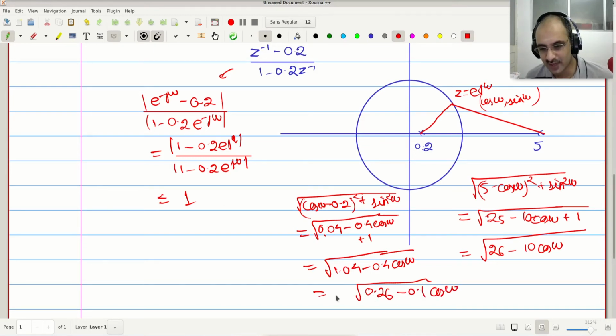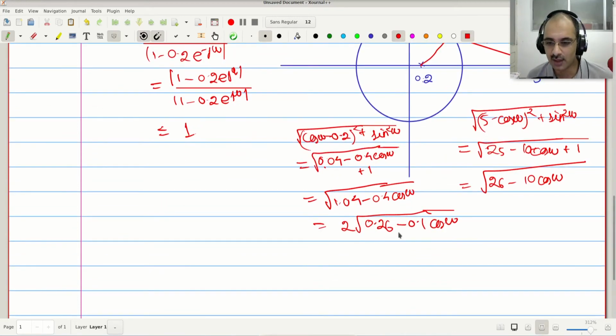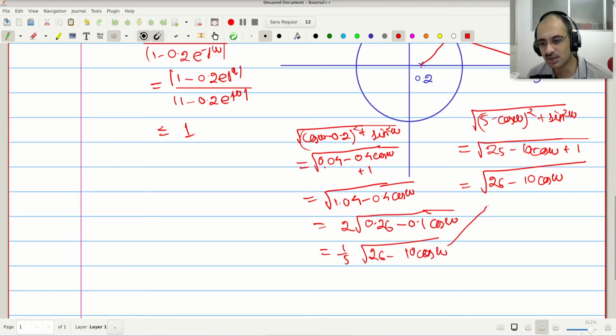So inside I've divided by 4, so I'm just going to multiply by 2 outside. Now to make up for this extra bit, I'm just going to divide and multiply by 10. So I'm going to get 1 upon 5 root of 26 minus 10 cos omega. So you can see that these two terms are the same and the ratio is 5.